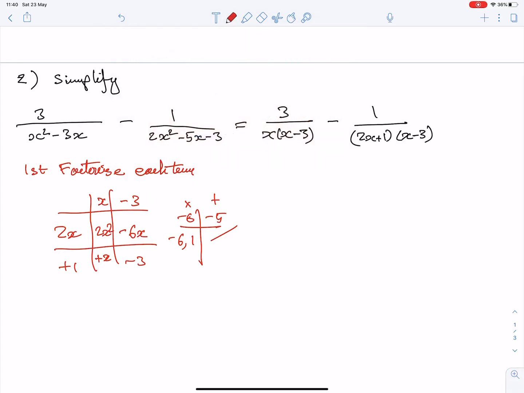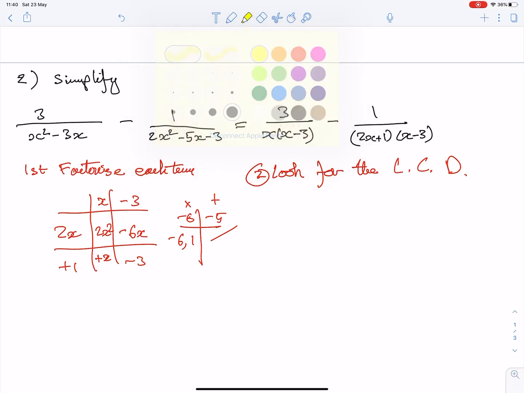Okay, so we now look, second, we're going to look for the lowest common denominator. And the key thing to pick out from here was that we had a common factor, x minus 3 and x minus 3.